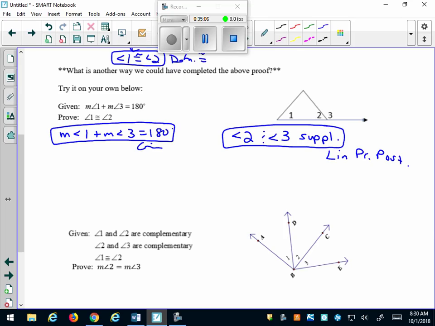But now you should be thinking to yourself, oh, the word supplementary is there. I wonder if I could use the congruent supplements theorem. So we do the reverse thinking here. Since we know 1 and 3 are equal to 180, then we could say angle 1 and angle 3 are supplementary, right? By definition of supplementary.